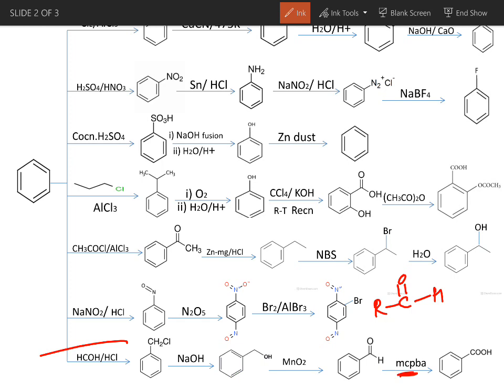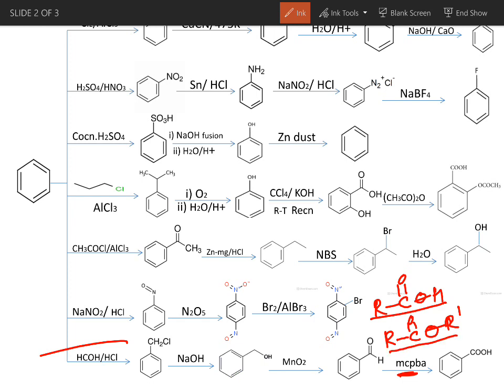With the help of this metachloroperbenzoic acid, it will introduce oxygen between the carbonyl carbon and hydrogen of the aldehyde. If it is reacting with a ketone, it will introduce an oxygen between the carbonyl and the alkyl group. So with aldehyde it forms carboxylic acid, and with ketone it forms ester.